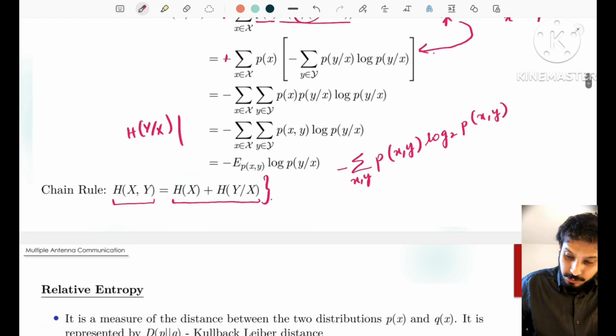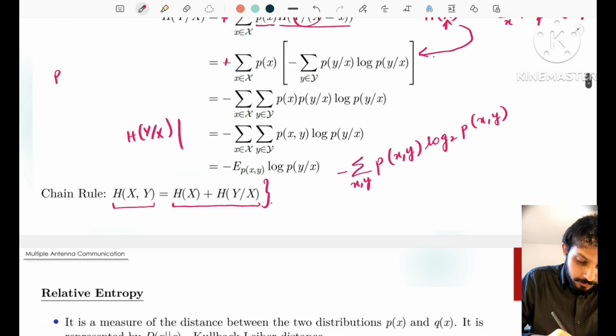And from Bayes theorem we know that p of x comma y is written as p of x times p of y given x.